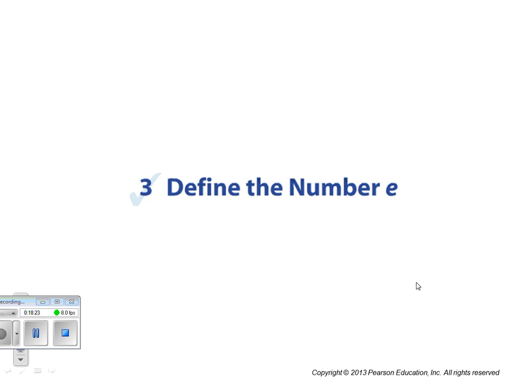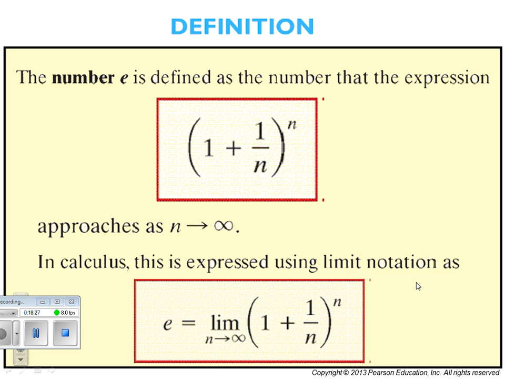All right. Our special number e. The number e is defined as 1 plus 1 over n to the n power as n gets larger and larger.